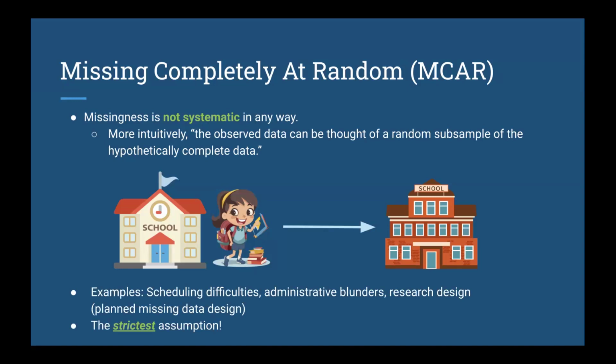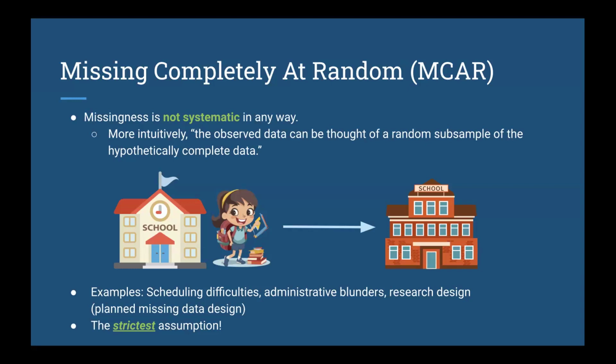There are also administrative issues, like some loss of information between data collection and data entry. Sometimes missing data is actually part of the research design. If certain data collection methods are very cumbersome to the participants, then sometimes researchers decide to intentionally leave data missing so that it doesn't put a burden on the participant.